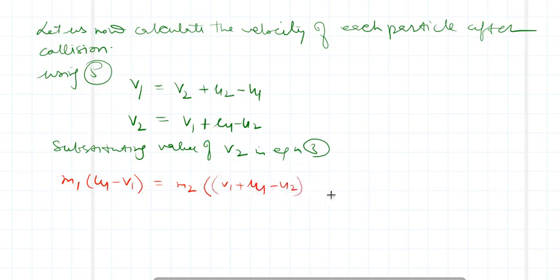This is the value which I am using. So from here I am getting M1 U1 minus M1 V1.